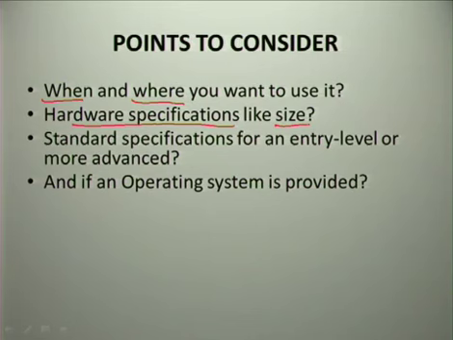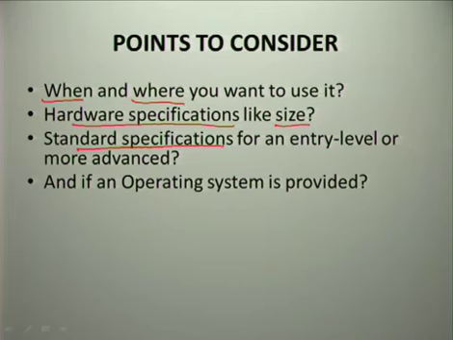Another one is the standard specifications for an entry level. Do you even know what an entry level is, or do you want to get more information about that? Do you know what a more advanced user is? Those are things that you really need to understand and ask yourself: what are these specifications that they're referring to? Then lastly, whether an operating system is provided.